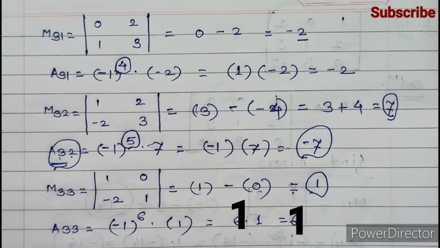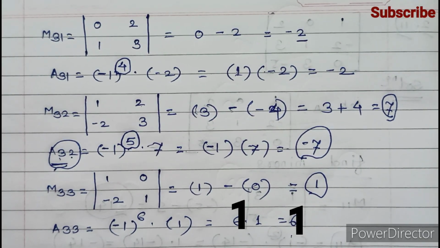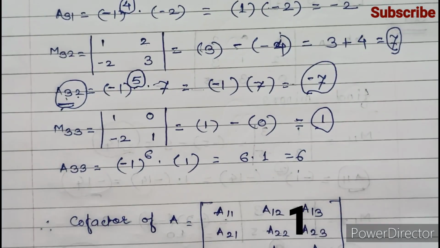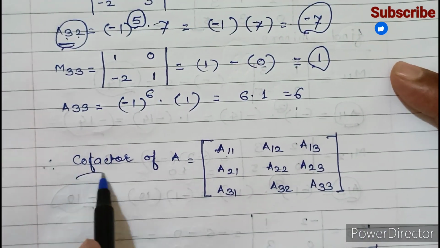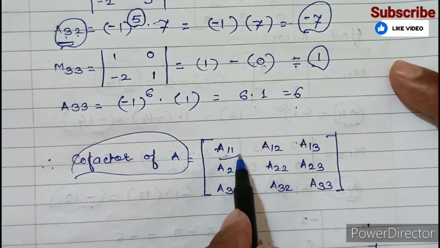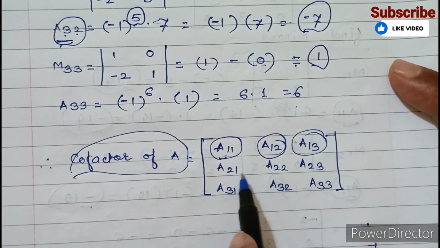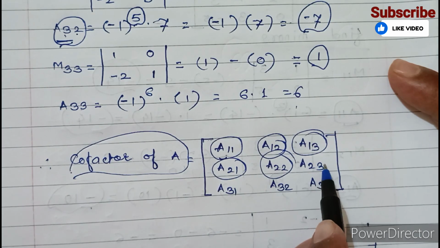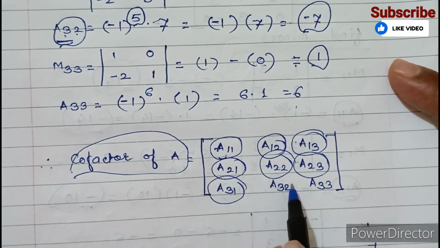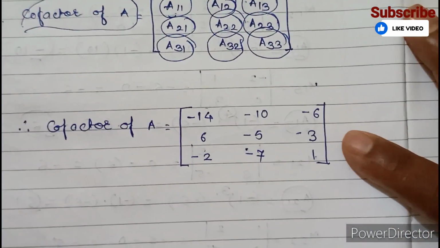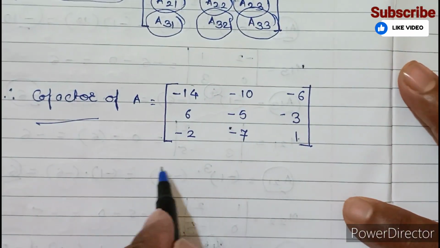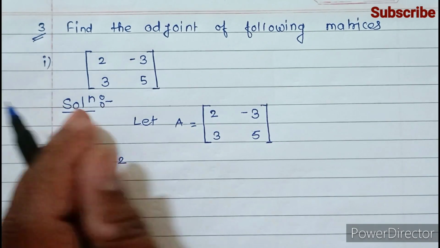Here we get the values of A11, A12, A13. Therefore, by putting these values of A11, A12, A13, A21, A22, A23, A31, A32, and A33 into the cofactor matrix of A, we get the final answer.